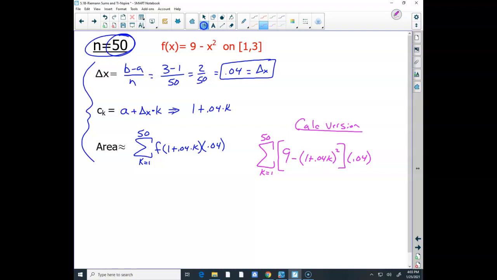And that would be my algebraic or my calculus notation from it, okay? It's just easier to type into the TI-Nspire this way, in my opinion.